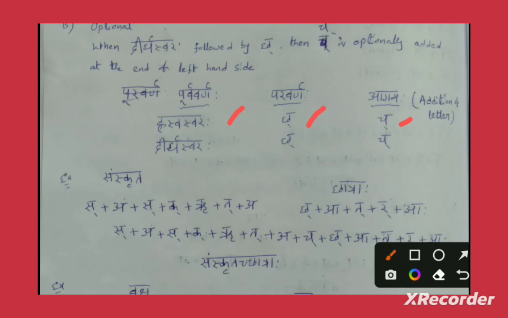And this is a mandatory case. What is the second case, which is an optional case? If a Dirgha Swara, a long vowel, is followed by Chakara, then Agama will happen at the left hand side and the Agama letter is Chakara. That's it. First one is mandatory, second one is optional. These are the two cases of Tugagama Sandhi. Let's understand this with examples.